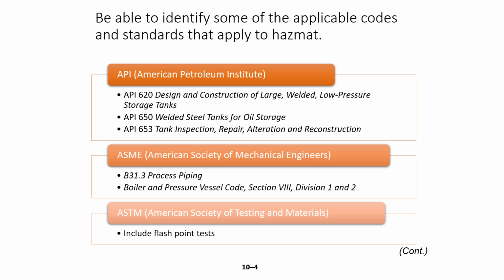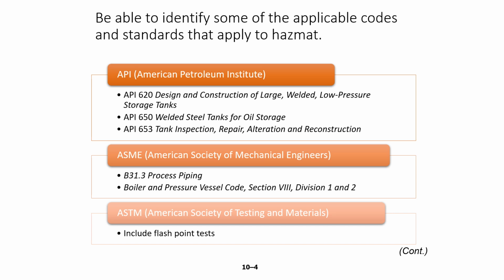There are a handful of standards relevant to evaluating hazardous materials as far as tanks, how they're put together, what they're used for, and how they're inspected. That's API 620, API 650, and API 653.